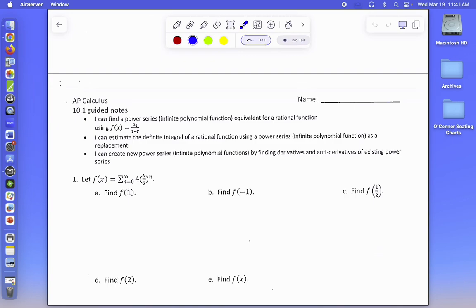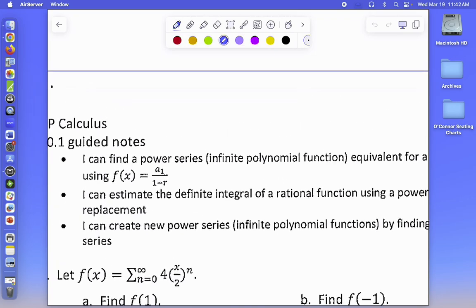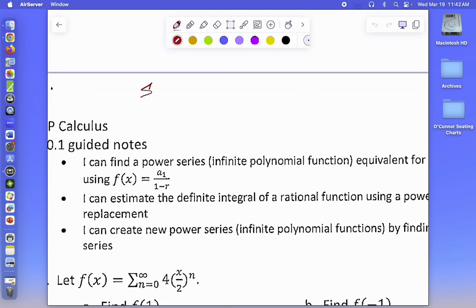Yeah, I give permission. So think way back to when you learned about geometric sequences and series. Do you remember the formula for the sum of a geometric series? Pop quiz. This is geometric, not a sum.